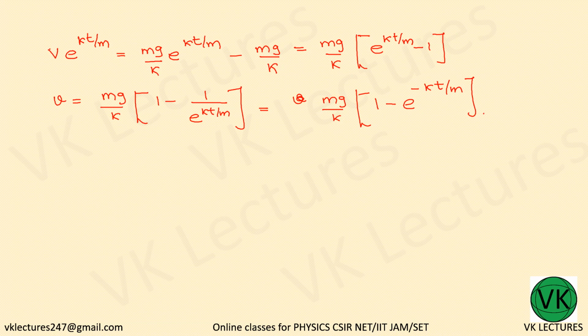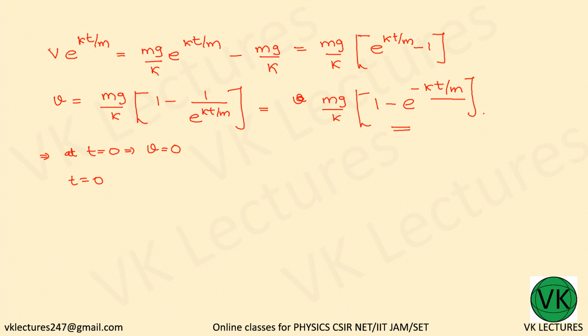Now we have the initial condition, that is at t equal to 0 our v is equal to 0. So what you will do is put t equal to 0 in this equation. In the term e to the power minus kt by m, t becomes 0.